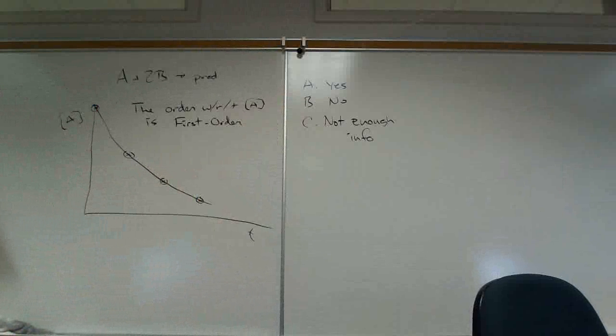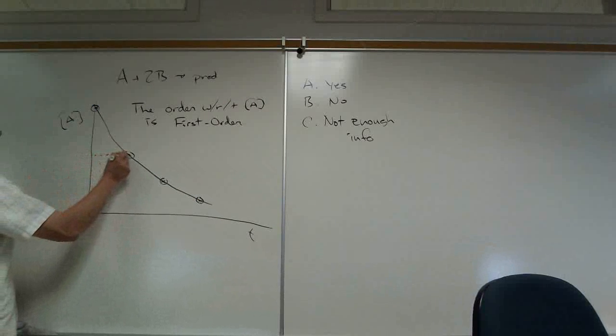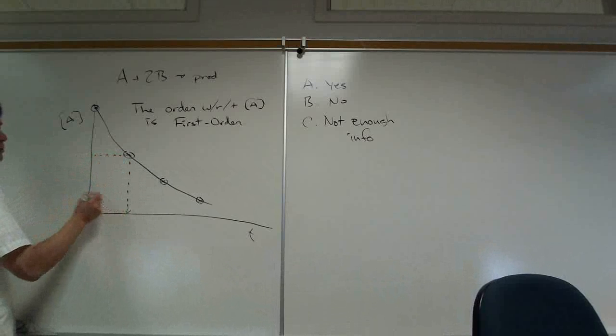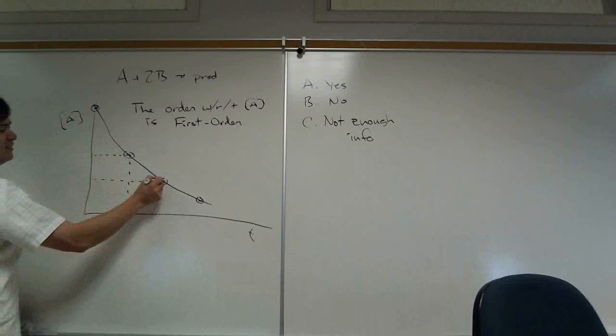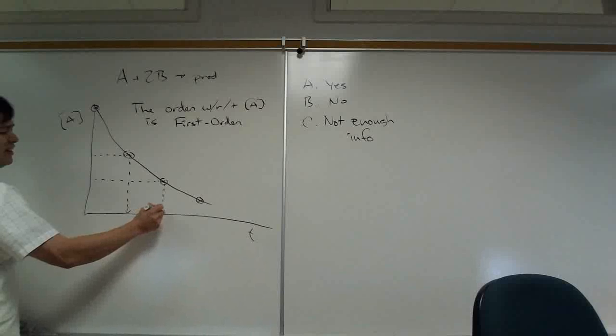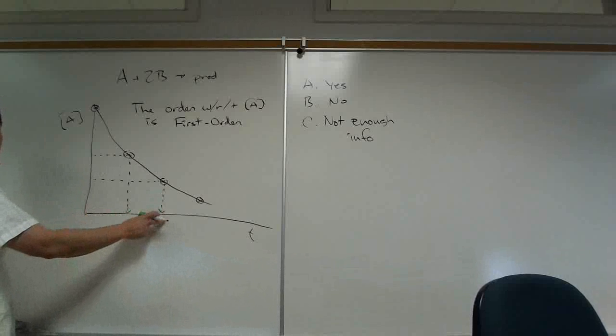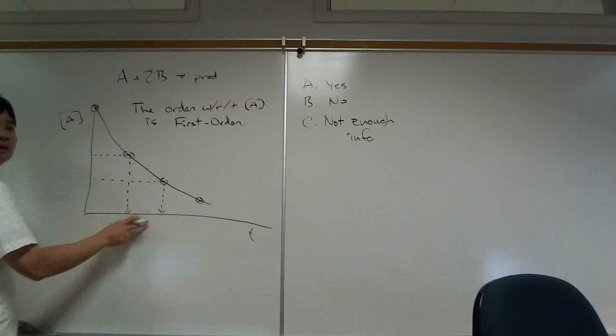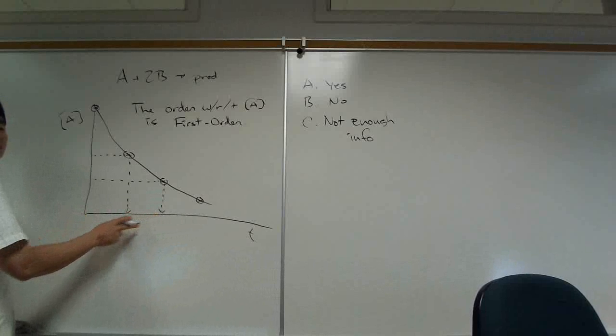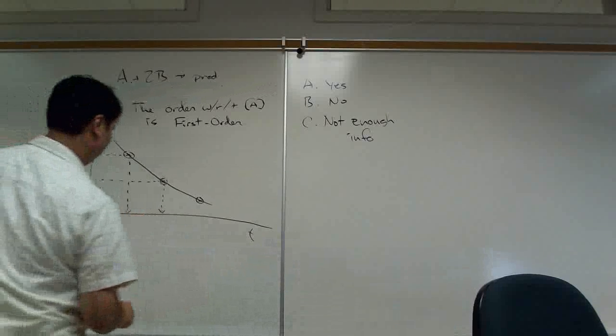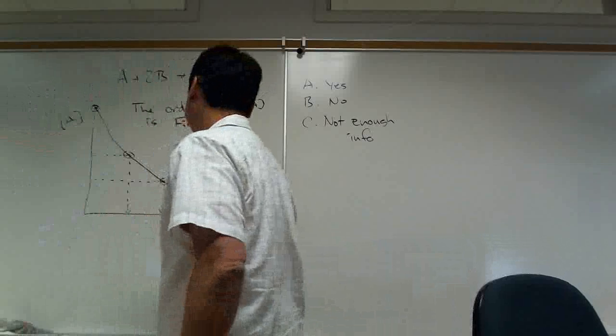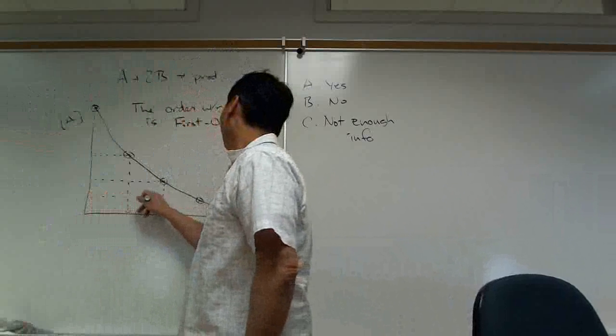I thought it would be first order because you look at the T1/2. Yes. You see that the concentration decreases by half every time, right? Right, that's good. So we look at the T1/2, and it looks to be getting cut in half, maybe because my drawing's not so great, or about the same.